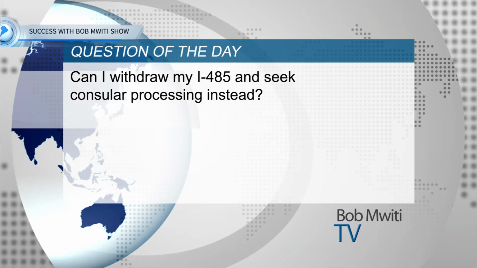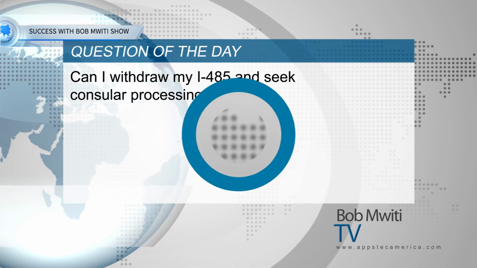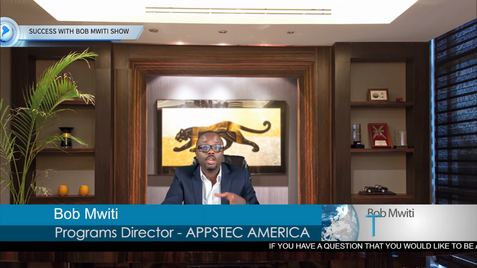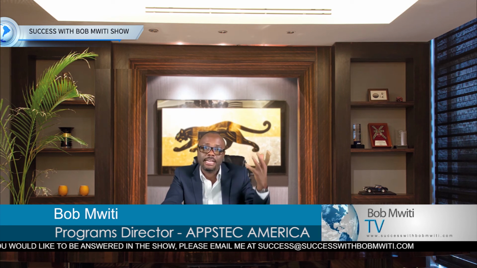Now, on to the question of the day. Someone asked me, hey Bob, can I withdraw my I-485 and seek consular processing instead? Remember I said you have two choices. If you are here in the US, when it comes to getting your green card, you have the choice of doing it through the I-485 way, or you have the choice of going to the embassy for consular processing, doing the visa interview from there.